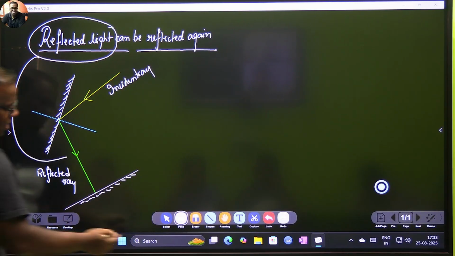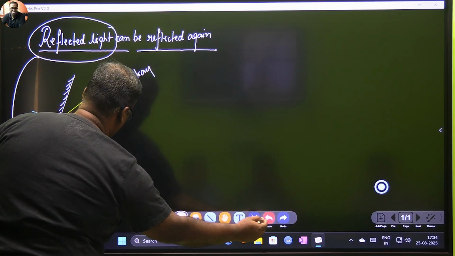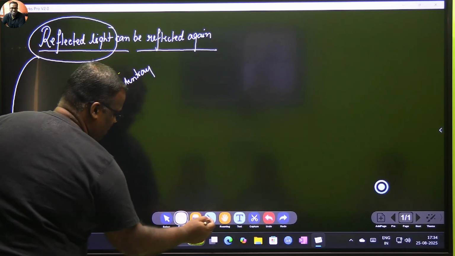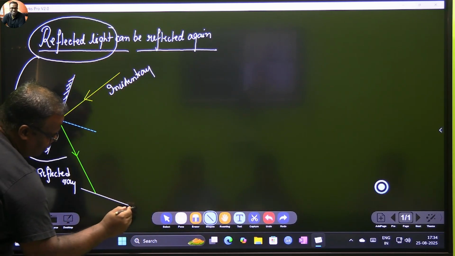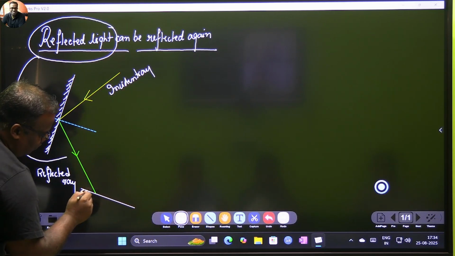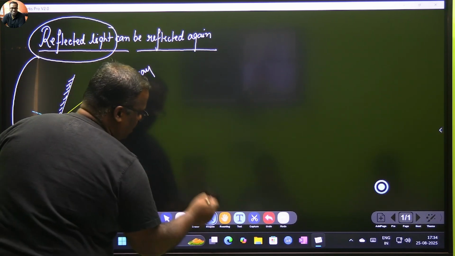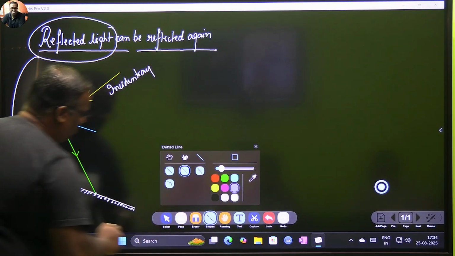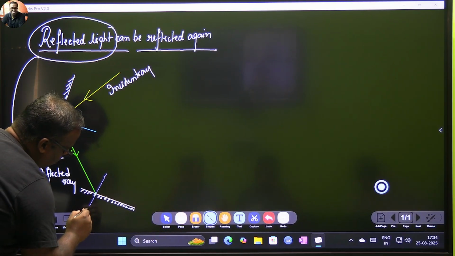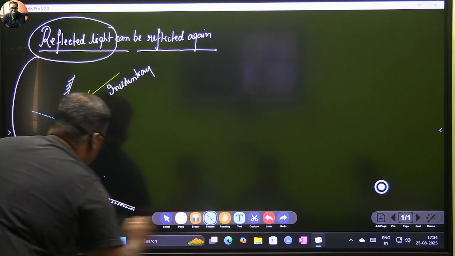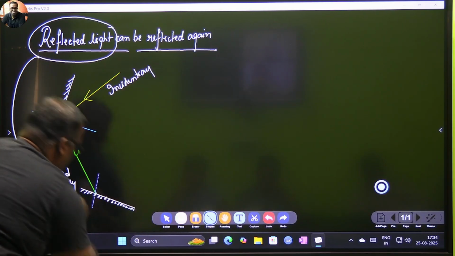Oh, now I need to change the orientation, because the incident light is almost equal to the normal. So let me make the reflective surface like this. This is my reflective surface. So I can now make a normal out here, and this is my second normal.